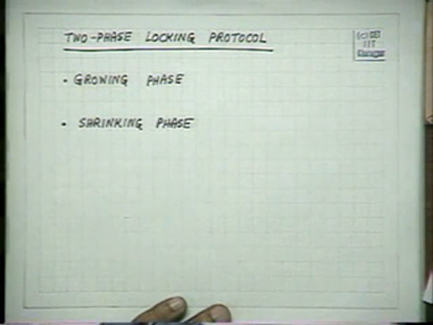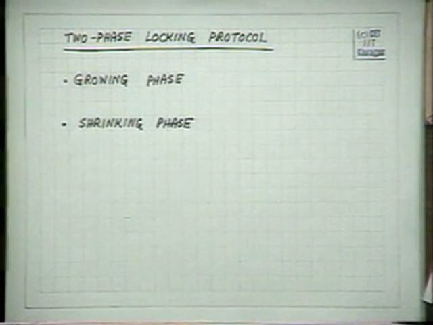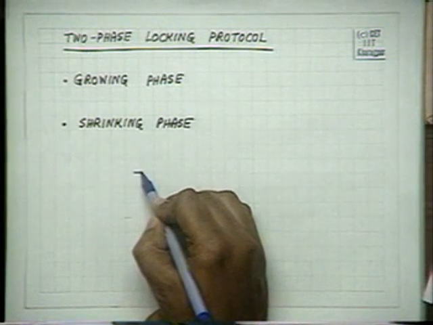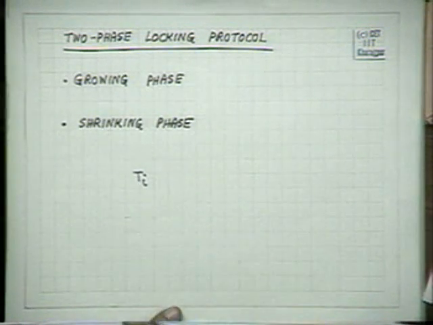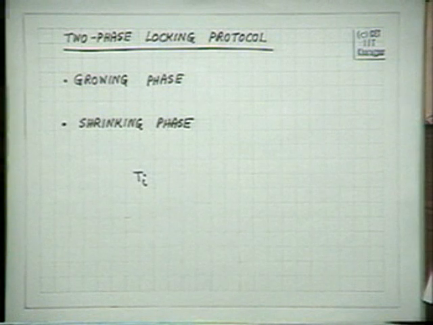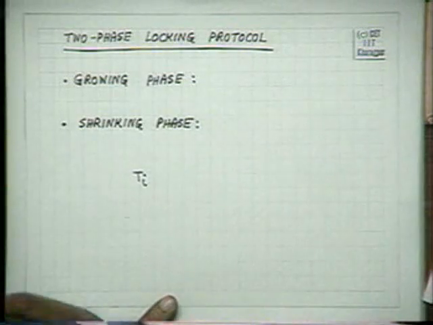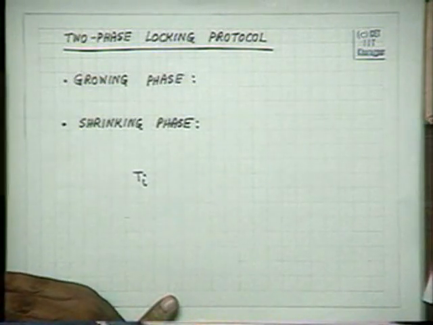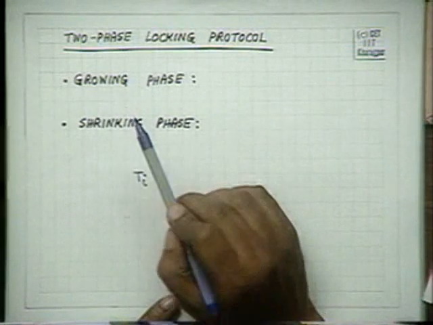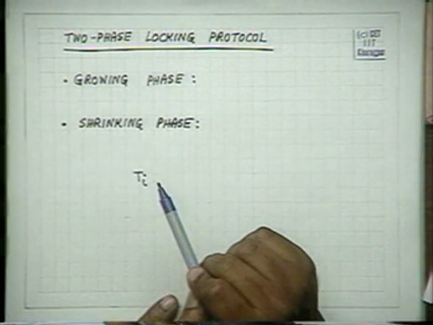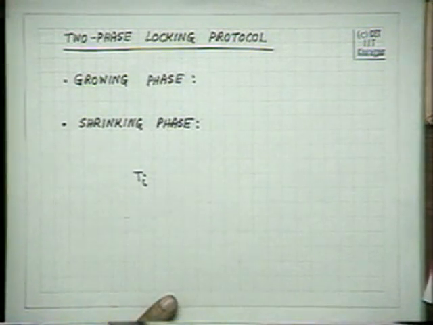In the two-phase locking protocol, any transaction Ti will acquire a set of locks and unlock them during various phases. The guideline is that you must do it in such a way that you never lock a data item after any unlock operation.